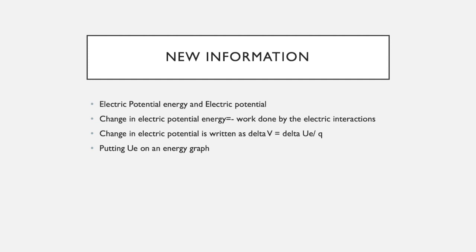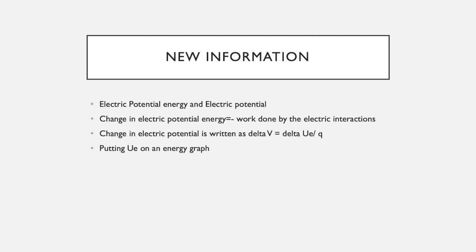It also discussed the change in electric potential energy equaled negative the work done by the electric interactions. Another thing that we learned was that the change in electric potential is written as delta V equals delta UE over Q.